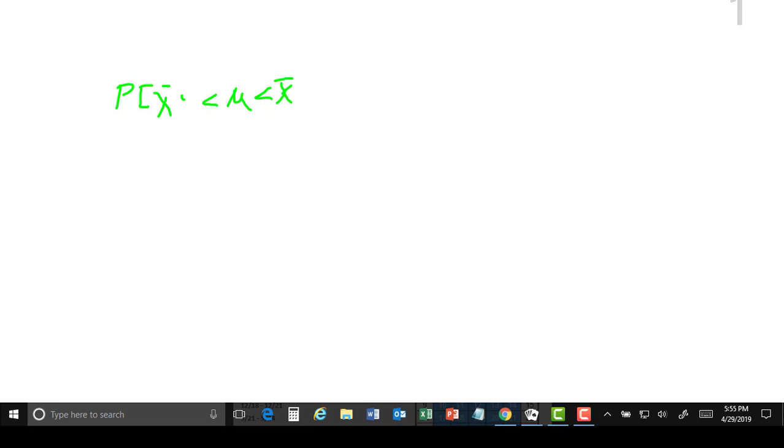Do you see it? Now, on here, we're going to have an error term, right? And here we're going to have Z sub alpha divided by 2. Yeah? And we have this error term, and then over here we're going to have X bar plus this error term, and this is going to be X bar minus Z sub alpha divided by 2 times the error term.